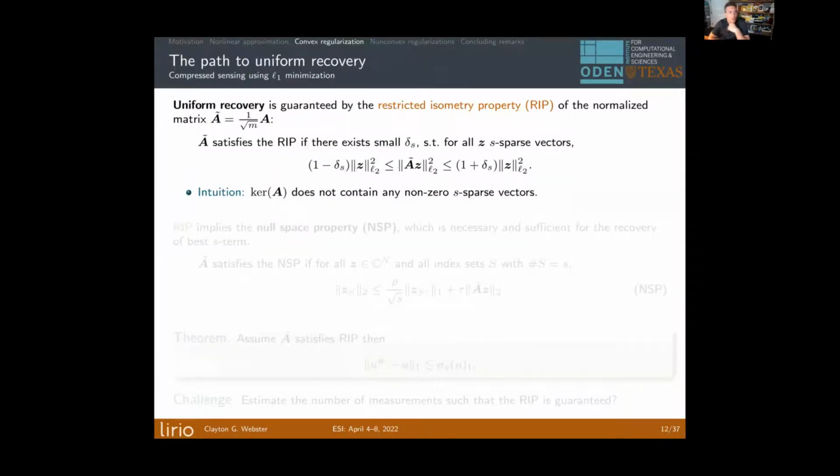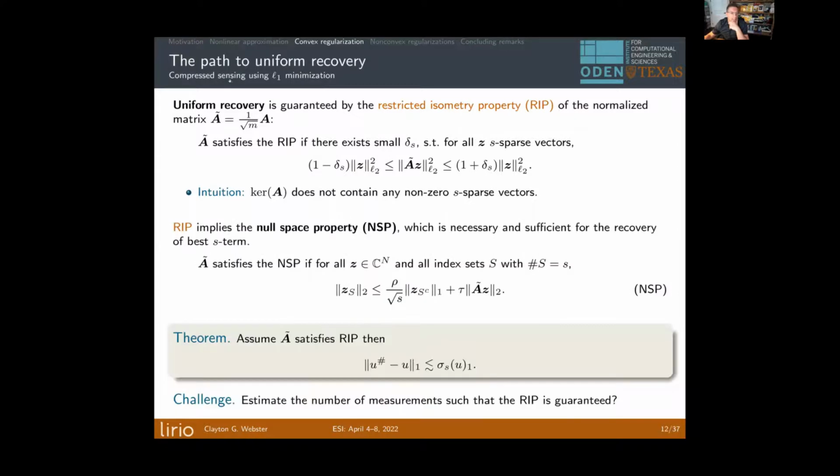Okay, so uniform recovery typically, and I'll say something about this again at the end, but in general is guaranteed by what's called the restricted isometry property, or the RIP. And it's of the normalized system here, I'll denote that as A tilde.